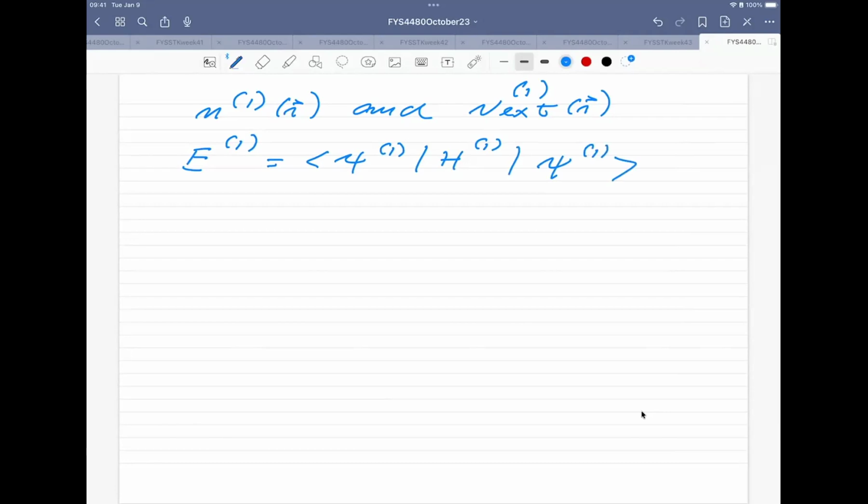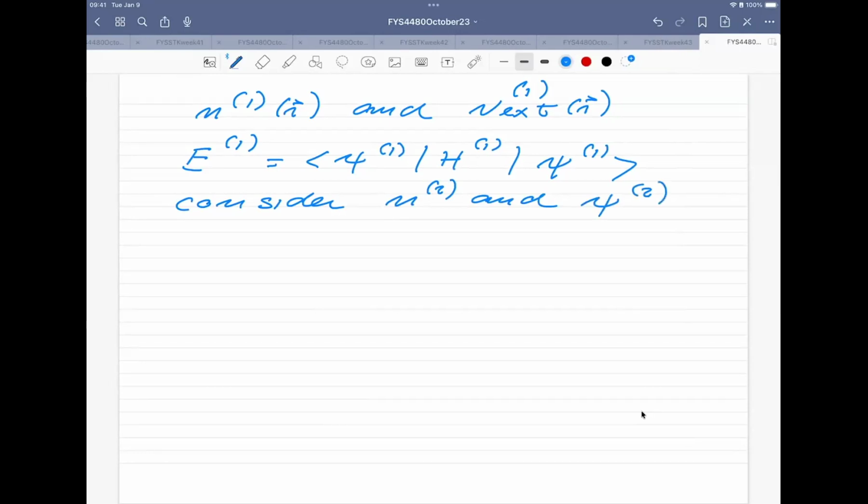And then what I'm going to do next is to consider a new density, which I call n2, and a psi2 here.